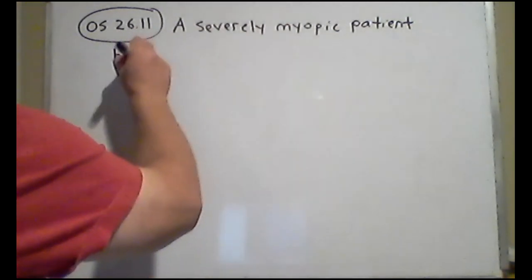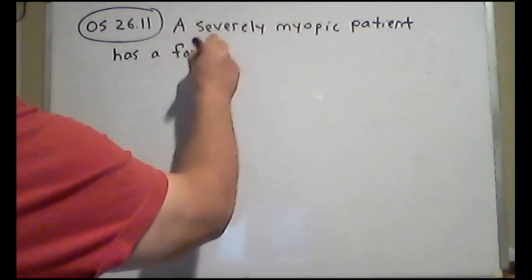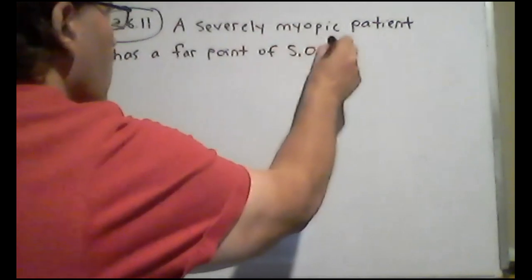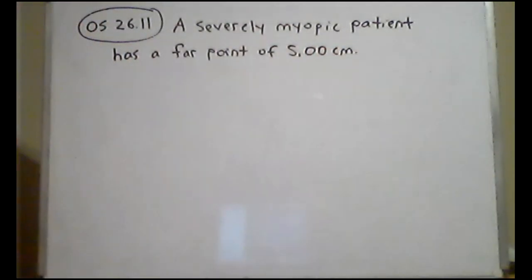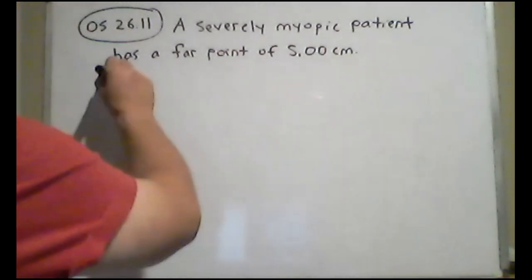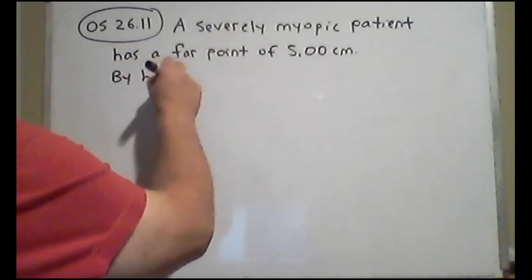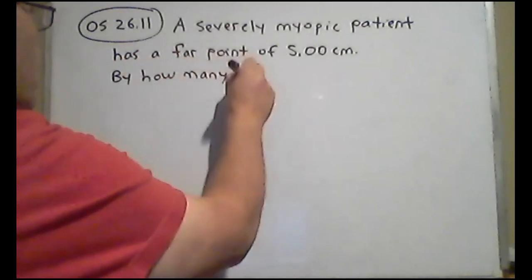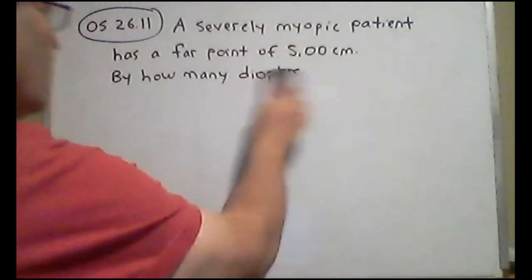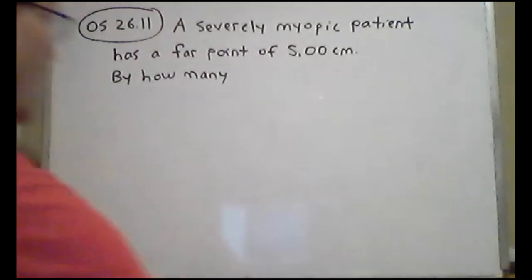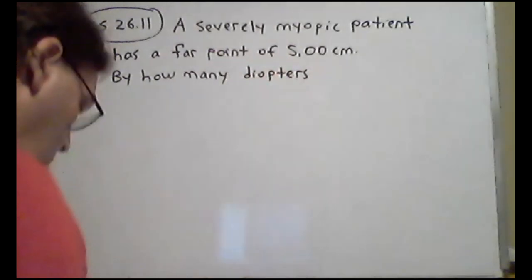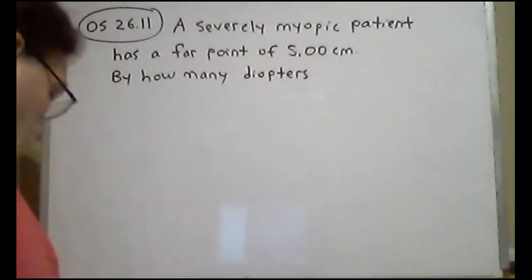That's terrible. That means that's as far away as that person can see. By how many diopters should the power of his eye be reduced?